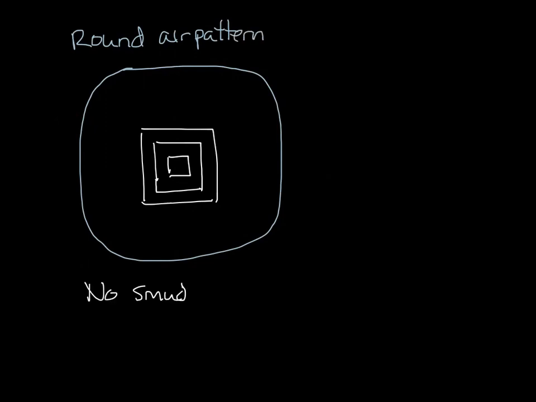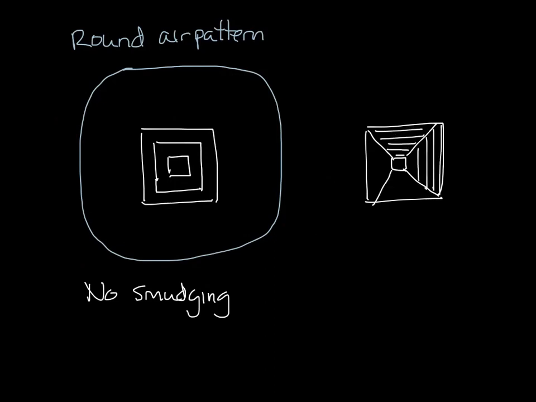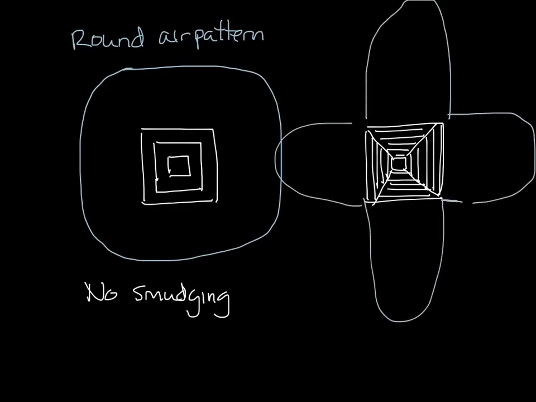So there's usually no smudging on a round airflow pattern diffuser. But in a four-way blow diffuser like our TDC, where the airflow just comes out in four separate sections, you end up with induction in the corner of the diffuser. It's also going to bring in some room dirt and dust, and you'll often see smudging in the corner of four-way blow diffusers.